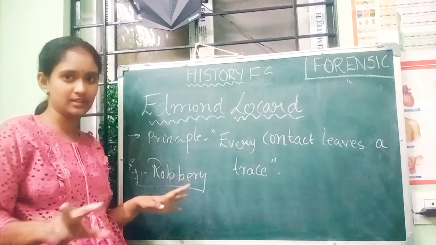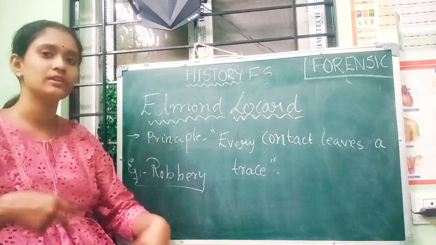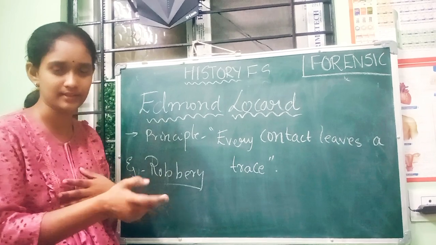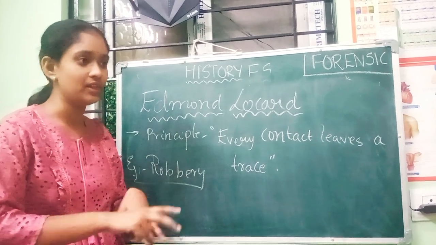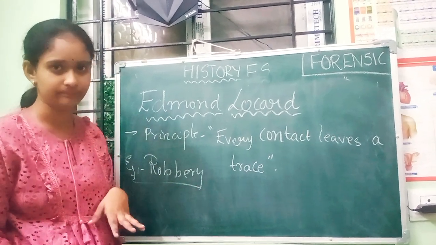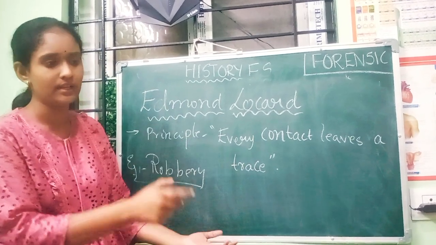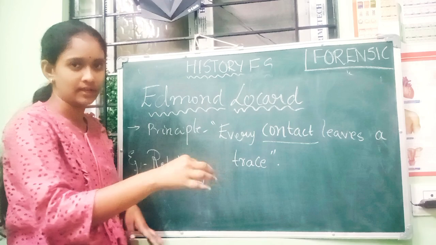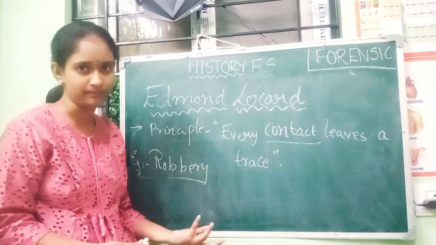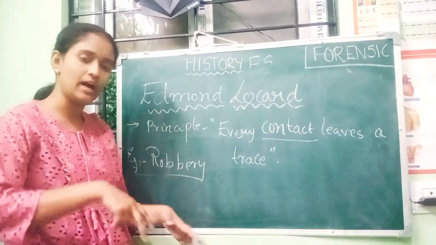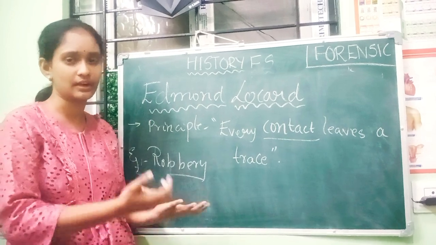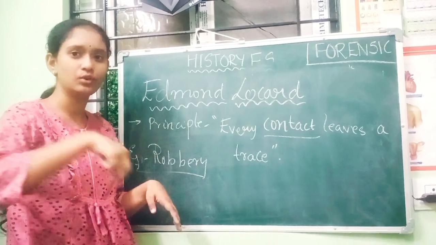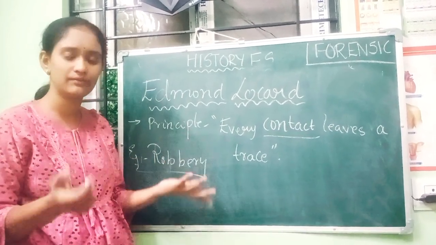Think of it as a night situation. When he comes through the window, he will break the glass, come inside, and steal whatever is there. When he comes inside, he is making contact with the crime scene. Now, after he has stolen everything, the money and all, while going, he will leave something.